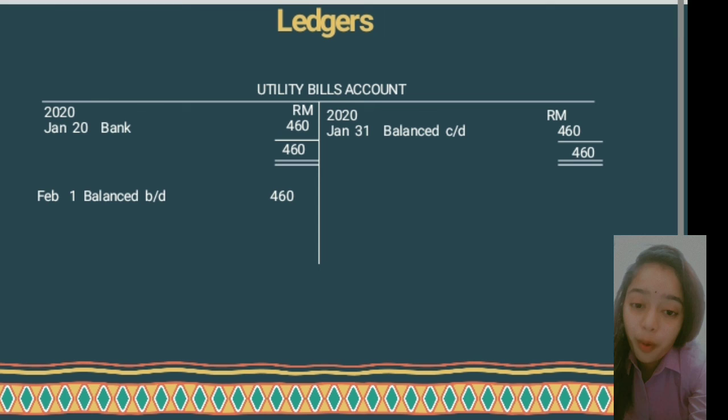So we have to open bank account and write on credit side 2020 January 20 rental for RM 1,500, salary for 2,800, utility bills for 460. So the balance CD on 31 January amount is 95,240 and the balance BD will be the same amount on February 1.